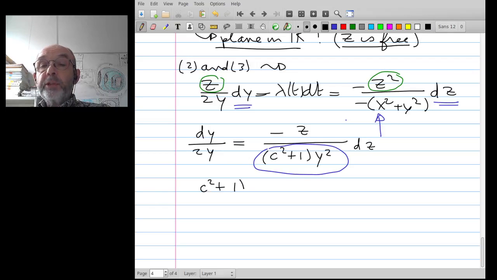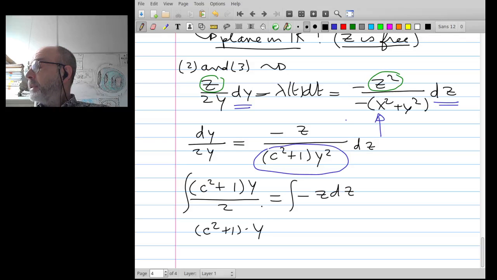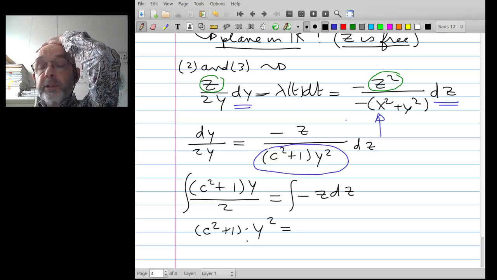We get c squared plus 1 y divided by 2 becomes equal to minus z dz. Now, and then integrate everything. And what do we get here? c squared plus 1 times y squared has to be equal to, and then be careful with your 2.